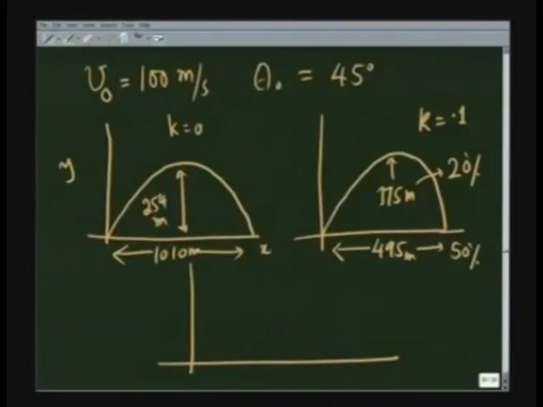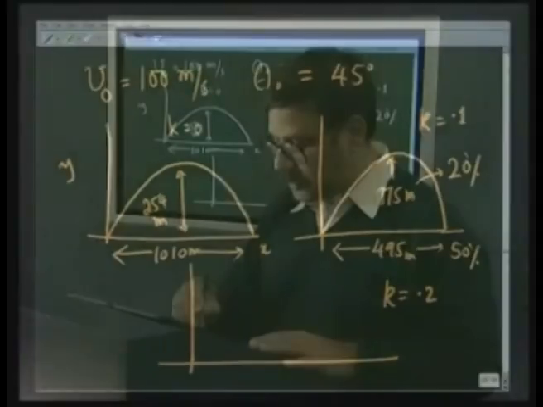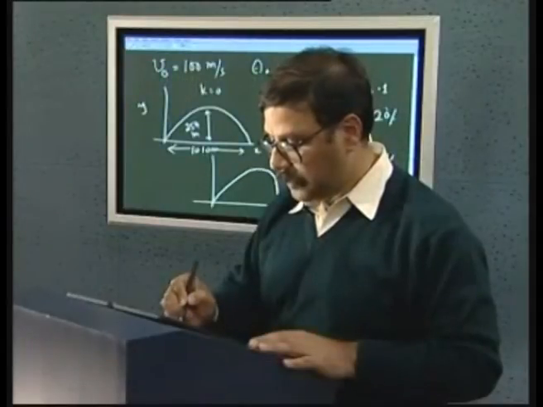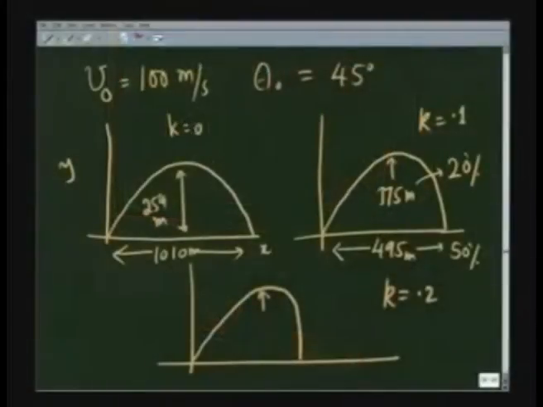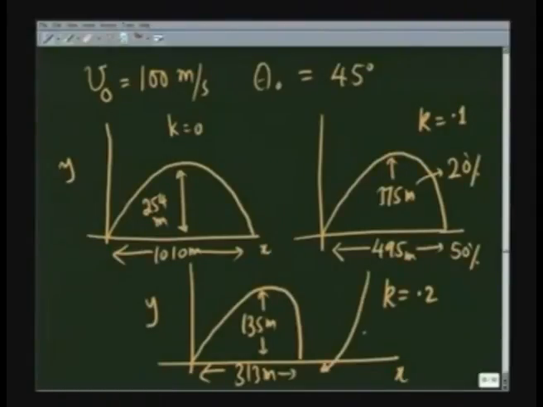If I go further and make k equal to 0.2, the trajectory becomes even more skewed, with height now becoming 135 meters and the range becoming 313 meters. Again, notice that the reduction in range is much more, about 40%, whereas the height goes down by about 20%.